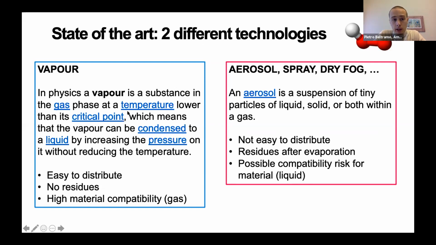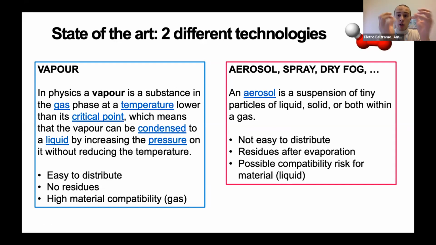It is a gas which has a very particular characteristic. This gas can condense, so it can come back to the liquid state if you increase the pressure without modifying the temperature. This is the real characteristic of a vapor.